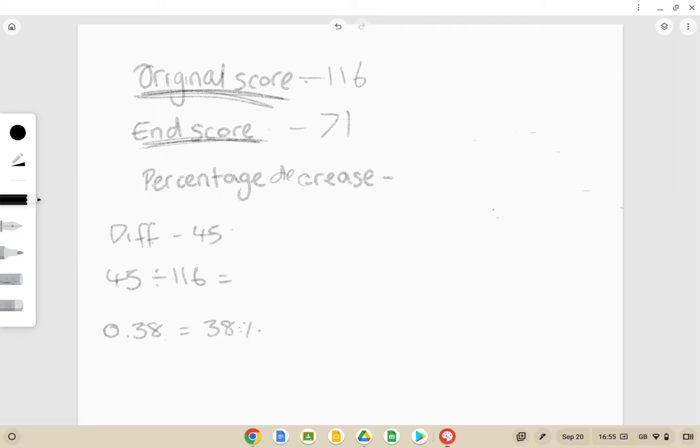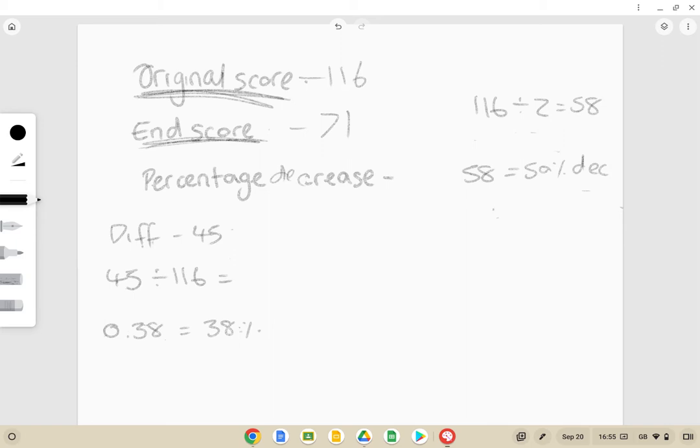Now, let's have a look. Is that roughly speaking what we were expecting? So if I'm going to try to figure out what 50% is, 116 divided by 2 is going to equal 58. Now, if 58 is a 50% decrease, and we're looking at 71, one way you could do this is to work out what 10% would be and add it on.